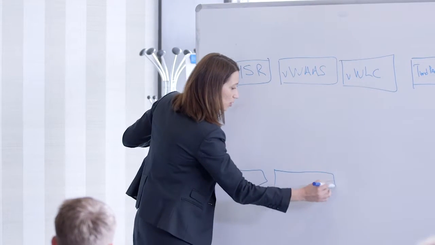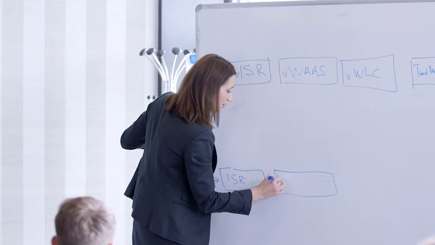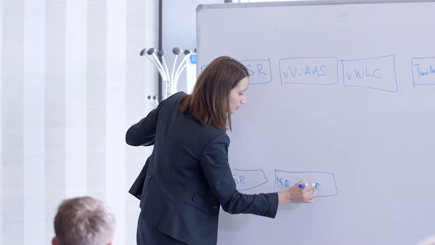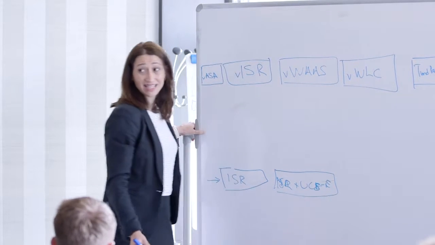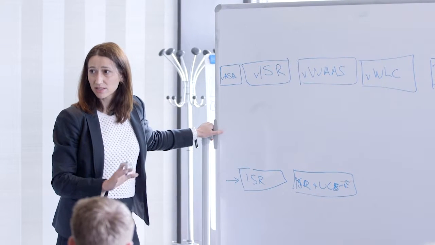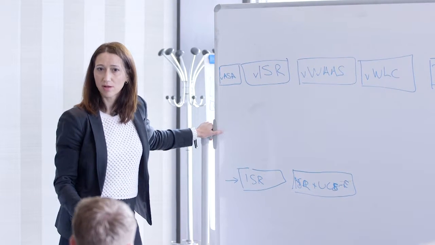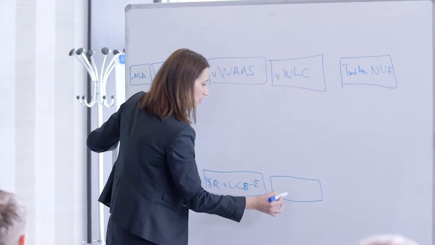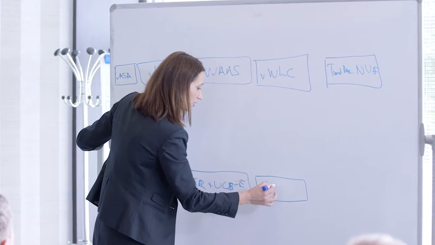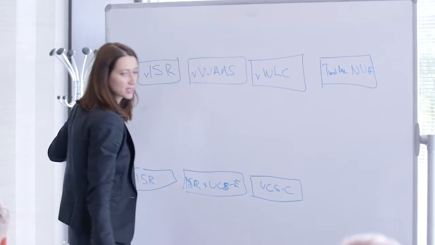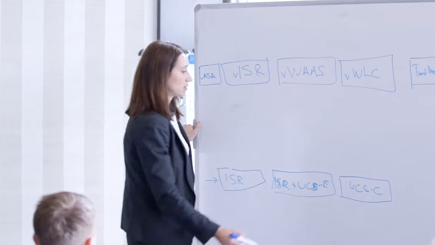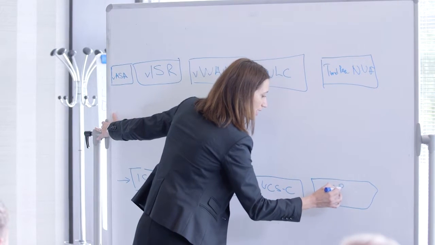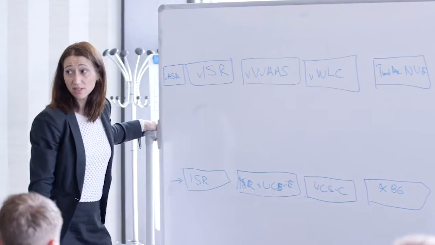It could be run on an ISR that has a UCS-E, which is a server on the router, right? That's standard, that already exists within our product range. Run it onto a UCS-C, which is the rack server, or run it onto an x86 off-the-shelf server.